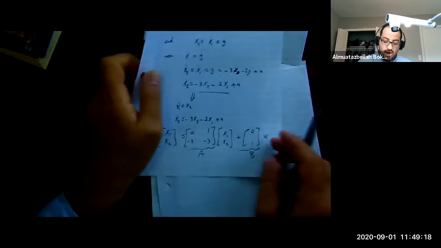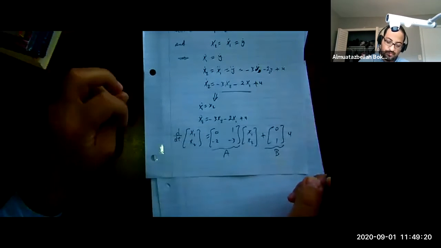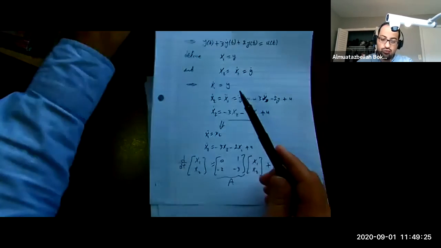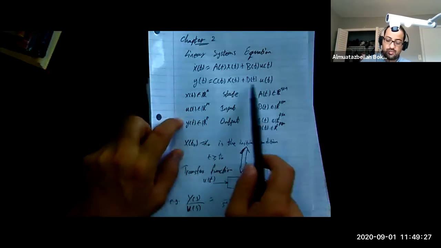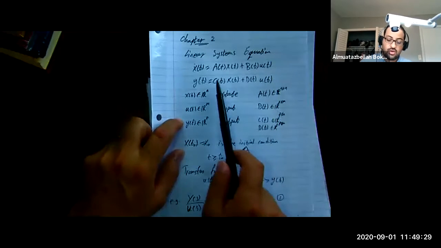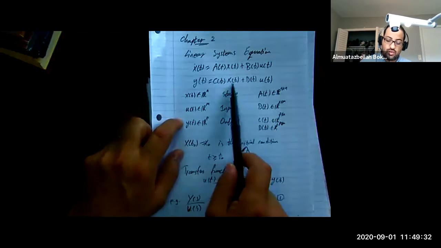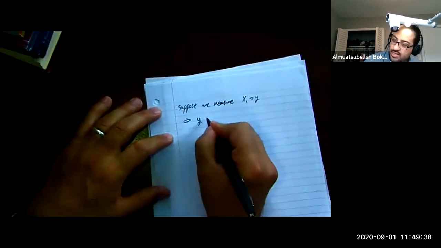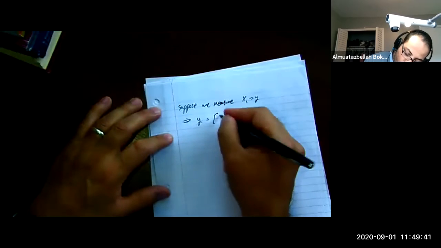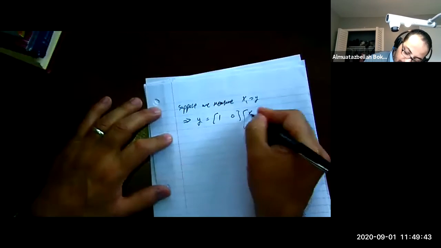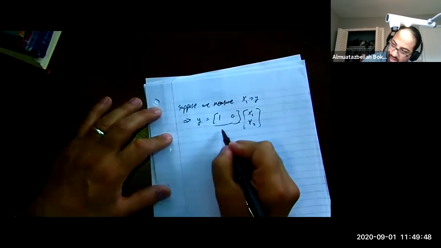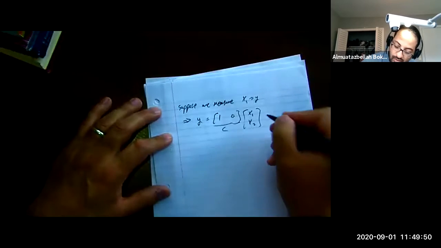Then I need to define y as Cx plus Du. If y is equal to x1, that means C has to be 1 and 0 times x1, x2, because y is equal to x1. So this is going to be my C.